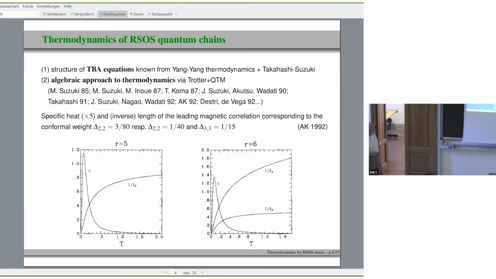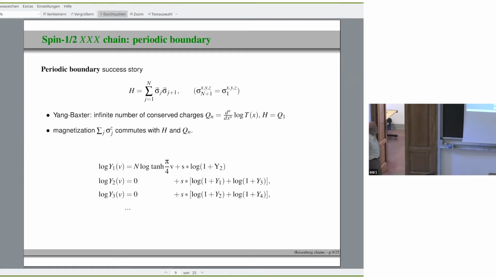And the other curves are the inverse correlation lengths of the leading correlations, and correspond to conformal data delta 2,2 and delta 3,3. The inverse correlation lengths also show linear behavior at low temperatures, and at infinite temperatures they go to infinity, of course. So this is just a comment in passing.